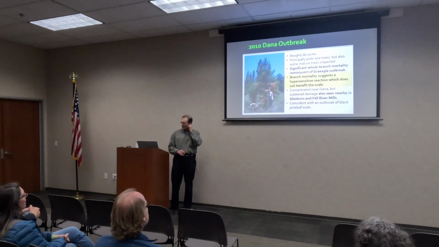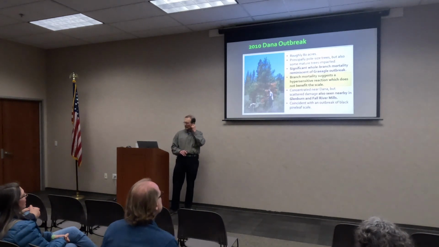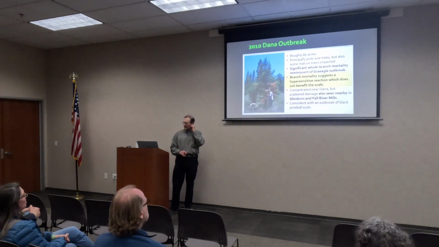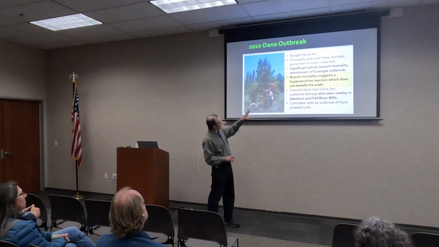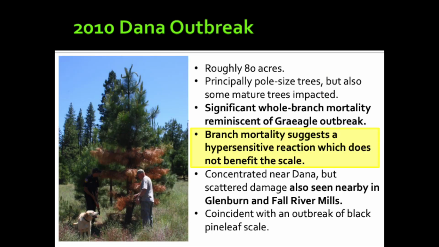This is another outbreak that did occur that was very similar to the one in Gray Eagle. You can see the dying branches. But the point I want to make with this is that this is basically an obligate parasite. The scale does not want to kill the branch. If it kills the branch, it kills itself, because it lives on that branch for a good part of the year.